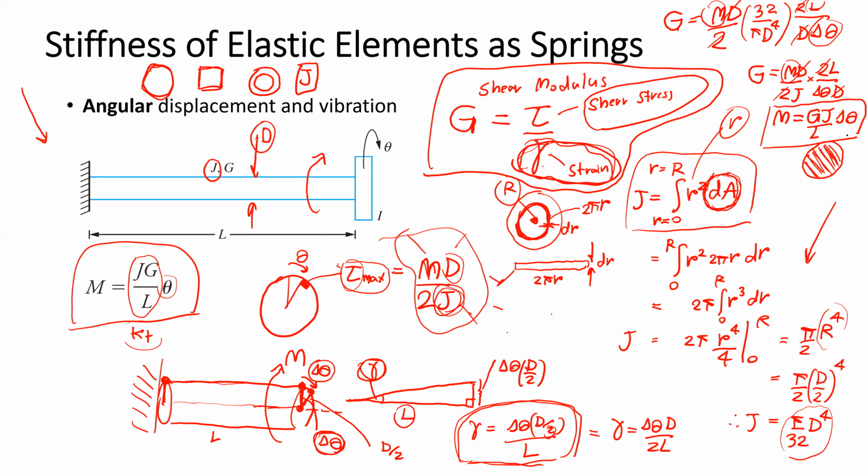Okay, so if we need to obtain the torsional stiffness of a rod, maybe a circular rod, a square rod, we need to know the second moment of area, the shear modulus and the length of the rod.